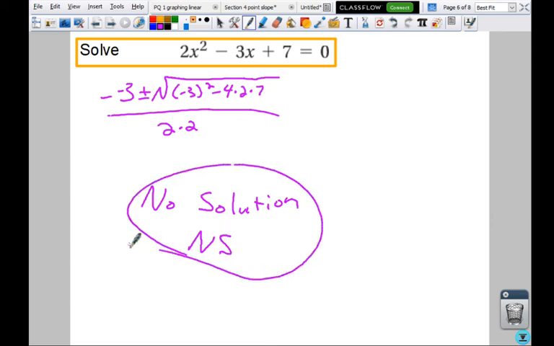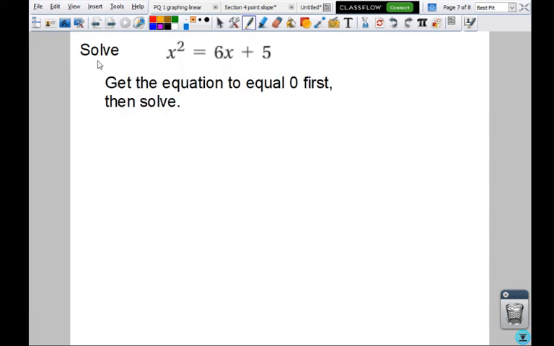That's fine. All right, we got one last thing. I don't think we're even going to actually finish this off as much as we're just going to set it up so you can see. When you do your quadratic equation, you always want them to equal 0 first. So this is x squared equals 6x plus 5. I want it to equal 0 first. It doesn't really matter how you do it.